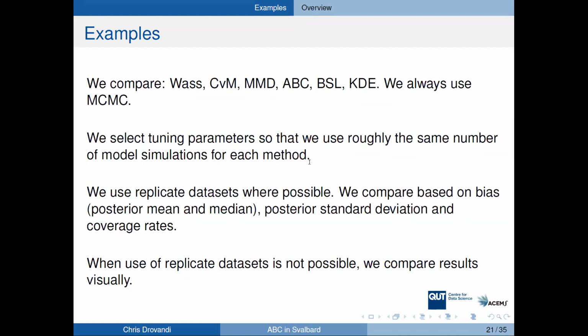We allocate roughly the same amount of computation to each of these methods in terms of the number of model simulations. When the example is not computationally intensive, we look at the results for replicated data sets. And when the example is computationally expensive, then we just look at a couple of data sets and assess the performance visually.